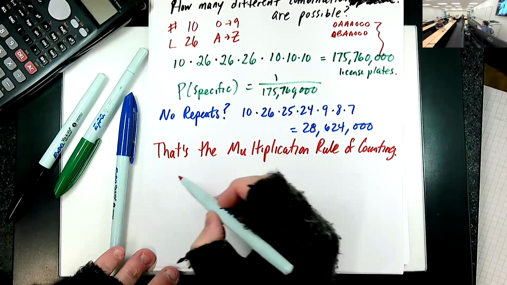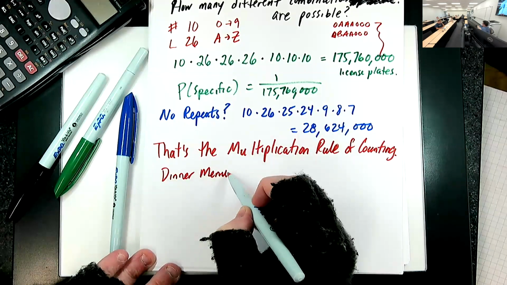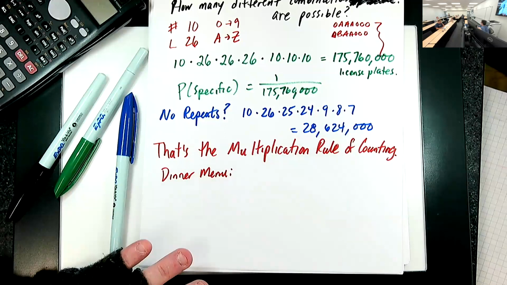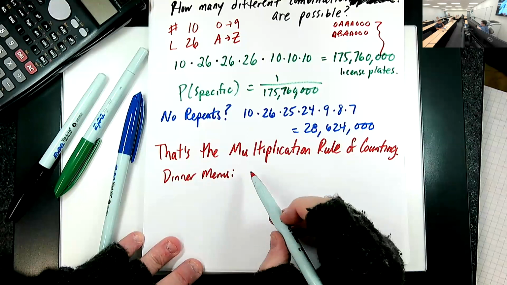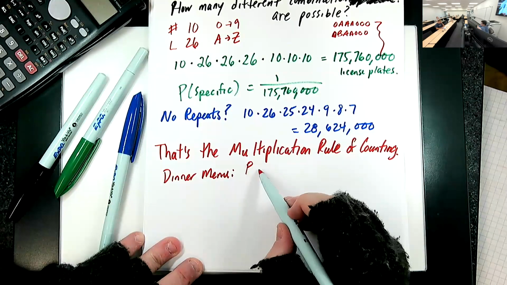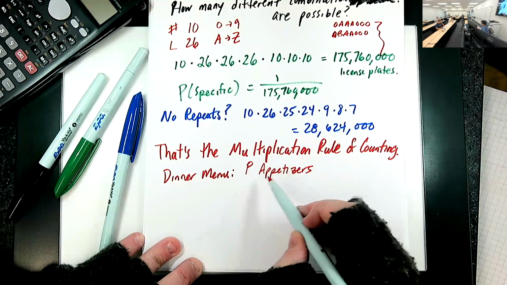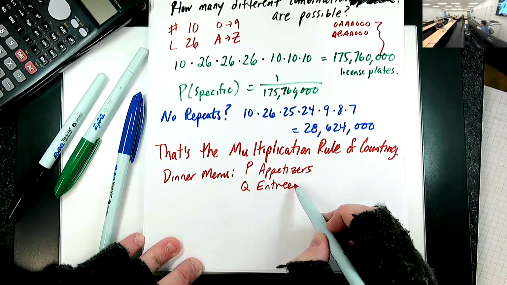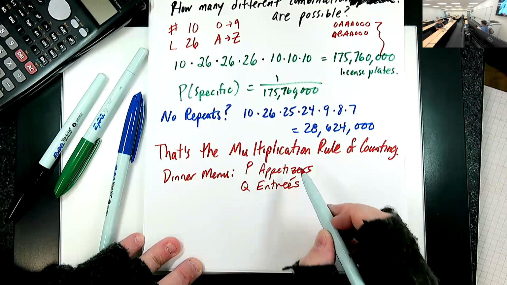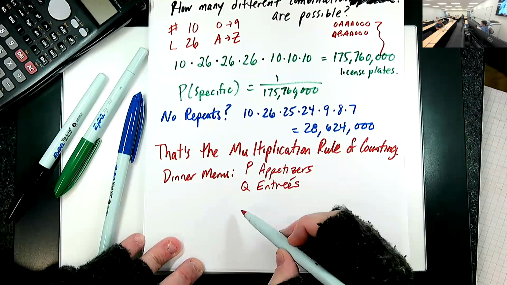If we had some dinner menu, this happens like if you go on a cruise, you have limited selections when you go to a sit down dinner on a cruise. They'll give you like P different appetizers to choose from, Q different entrees, and I think we put a little dash over the E because we're fancy.